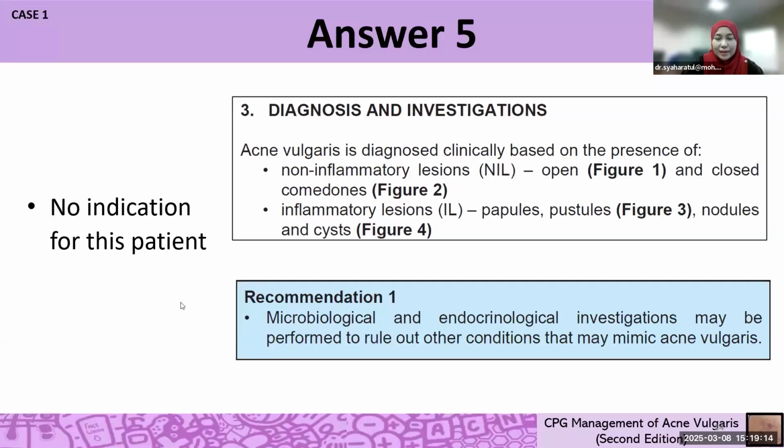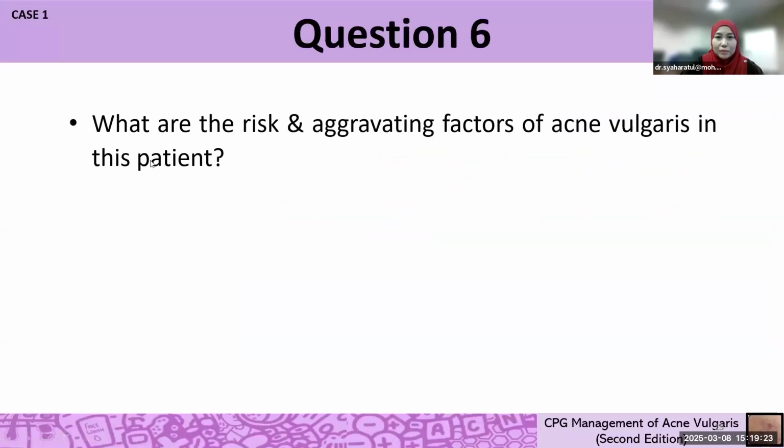Shall we continue with the next patient? Okay, yes. Good. But before we continue with the next patient, we will go to the treatment first. So what are the risks and aggravating factors of acne vulgaris in this patient? Anybody want to type your answer? Female, adolescents.